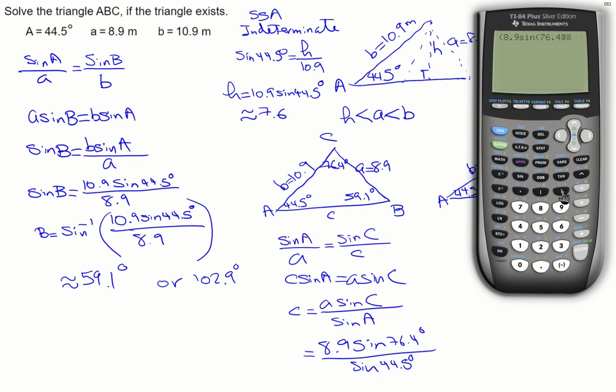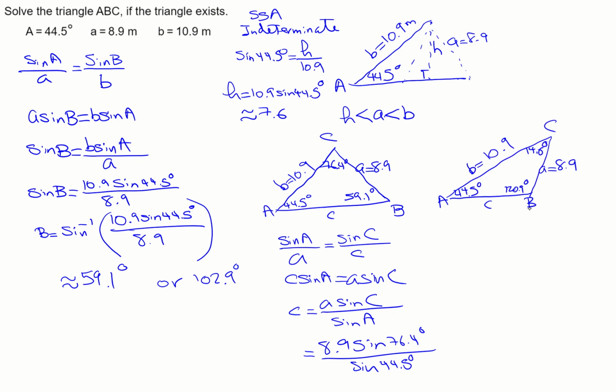We're going to close those two parentheses, and then we're going to get divided by sine of 44.5. So we end up with approximately 12.3 for C in this case.